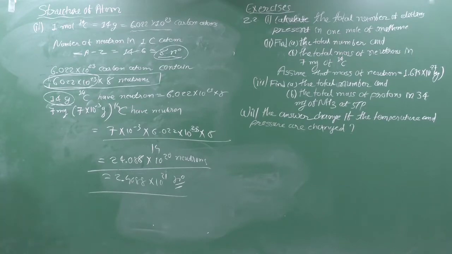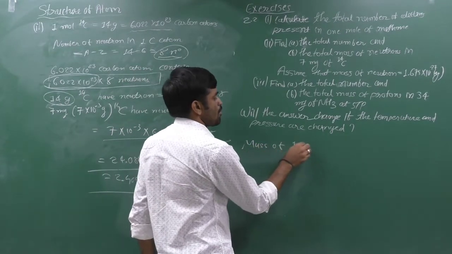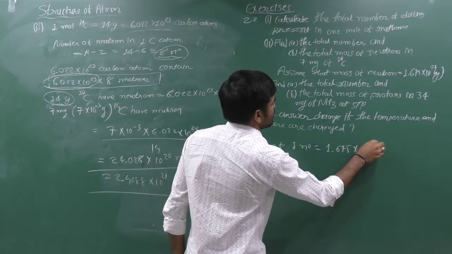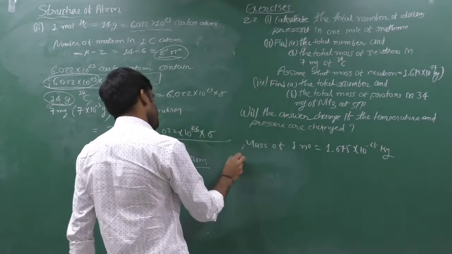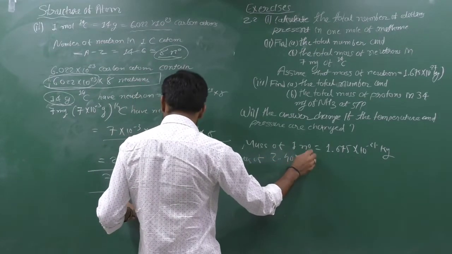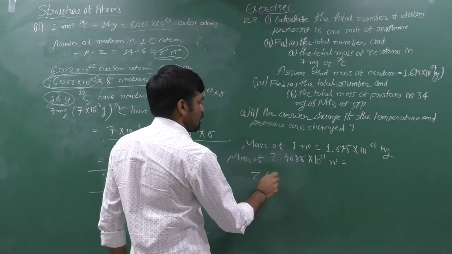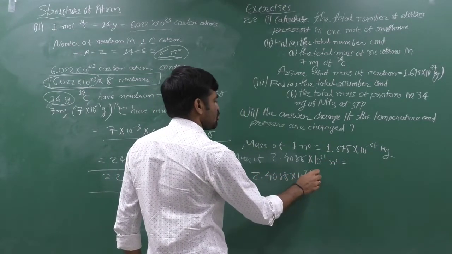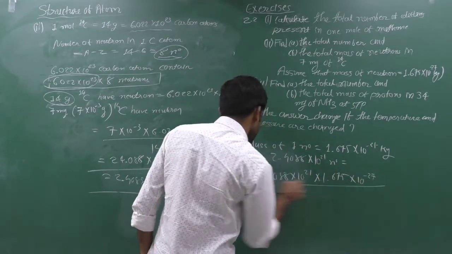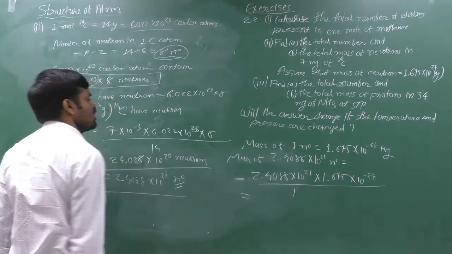Now we can calculate the mass. Mass of one neutron is equal to 1.675 into 10 raised to minus 27 kilogram. Then the mass of 2.4088 into 10 raised to 21 neutrons is equal to 2.4088 into 10 raised to 21 into 1.675 into 10 raised to minus 27 by 1. Calculate the answer. Very simple.